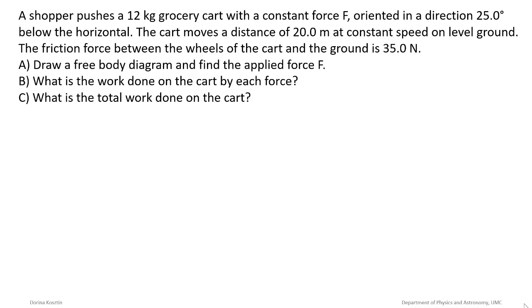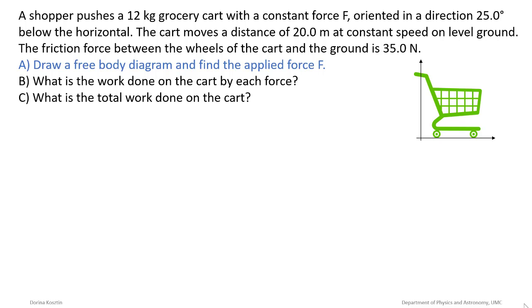In the first part of the problem, we need to draw a free body diagram and find the applied force F. Let's start by identifying all the forces acting on the cart. I will consider that the x-axis is oriented horizontally, positive to the right, and the y-axis is oriented vertically, positive up.